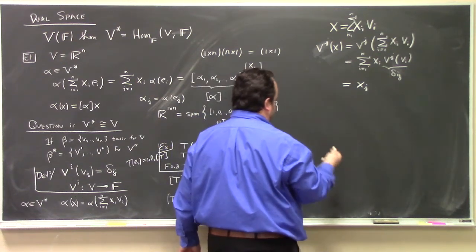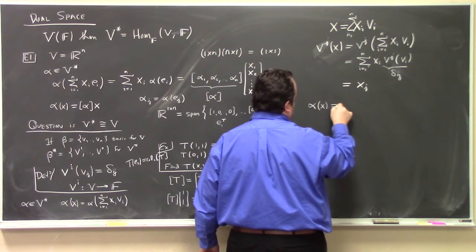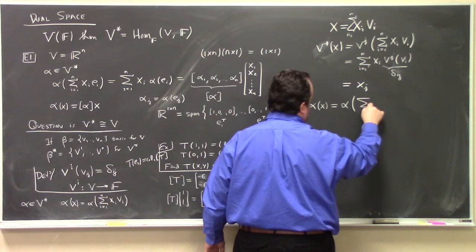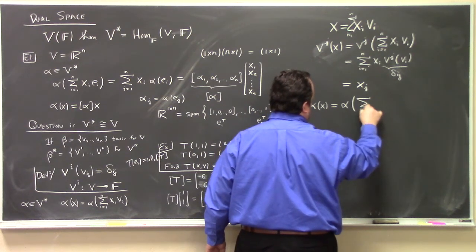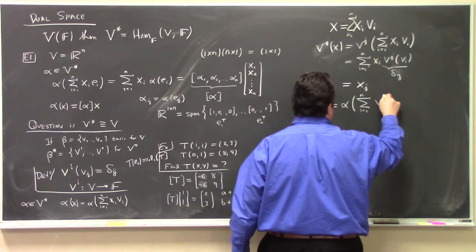Which means that when I'm calculating alpha acting on x, I'm really just calculating alpha acting on the sum i equals 1 to n of x_j V upper j.